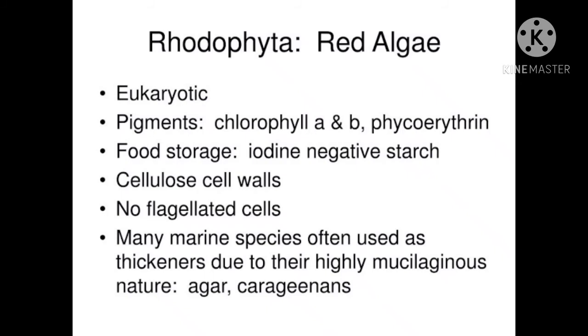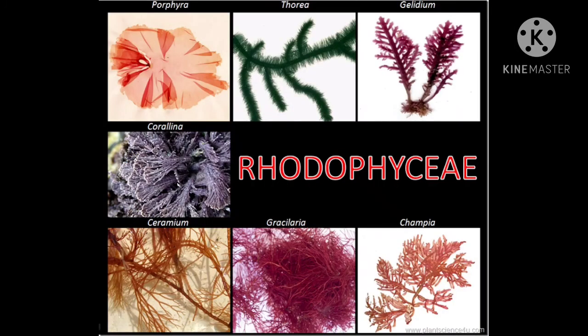Many marine species are often used as thickeners due to their highly mucilaginous nature, like agar or carrageenans. Examples of Rhodophyceae are Chondrus, Batrachospermum, Porphyra, Gelidium, Gracilaria, Polysiphonia, etc.